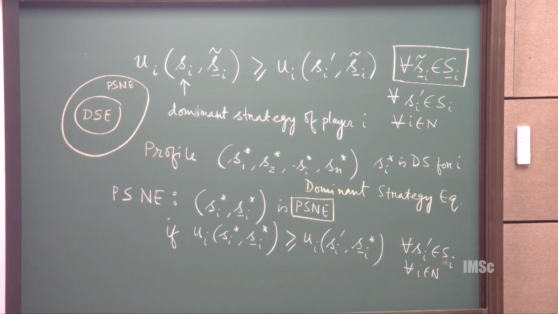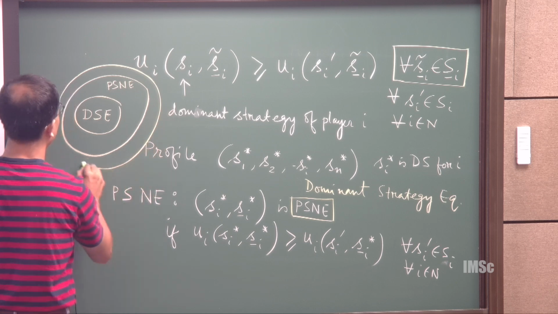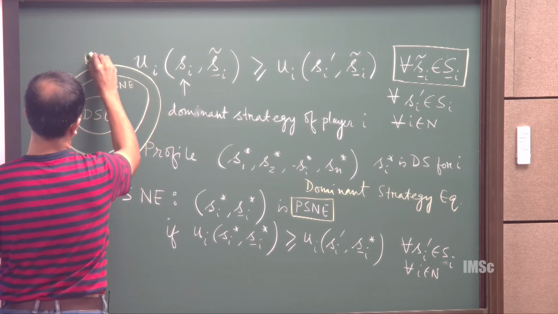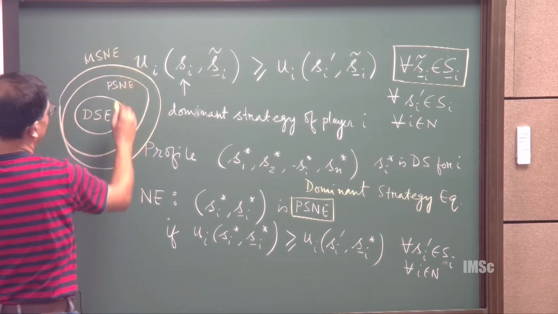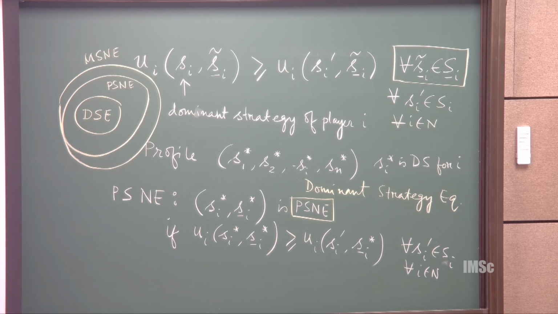How will the Venn diagram of MSNE look? That will be a bigger circle, because PSNE is trivially a part of MSNE, where the probability distributions are atomic. Okay, so these are the two things.